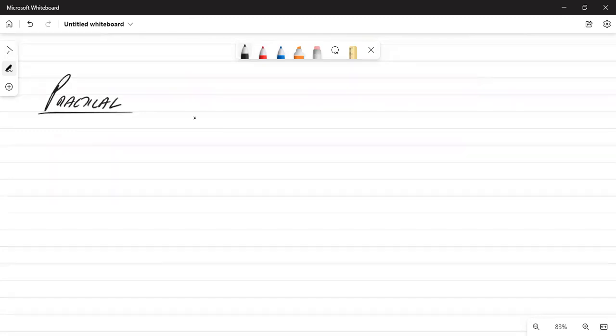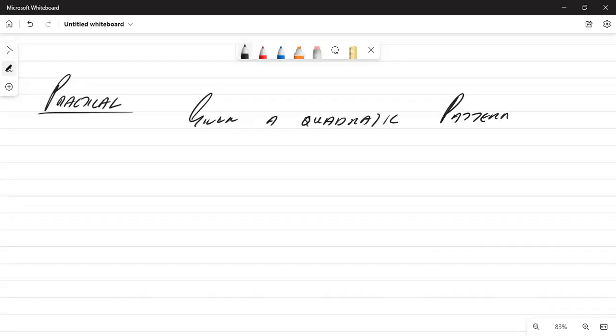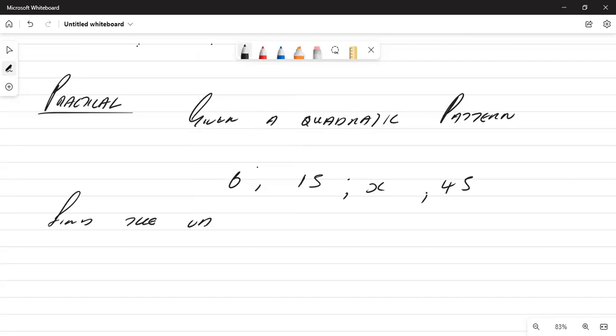Given a quadratic pattern 6, 15, x, 45, you are then asked to find the value of x. You are told at the beginning that this is a quadratic pattern.